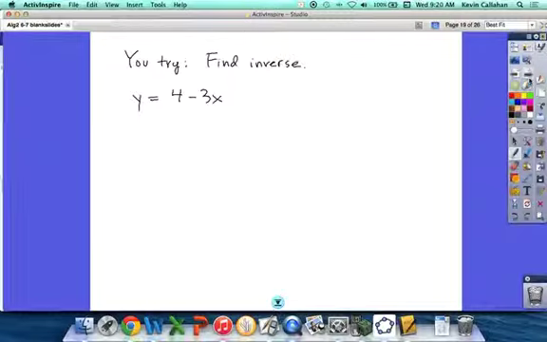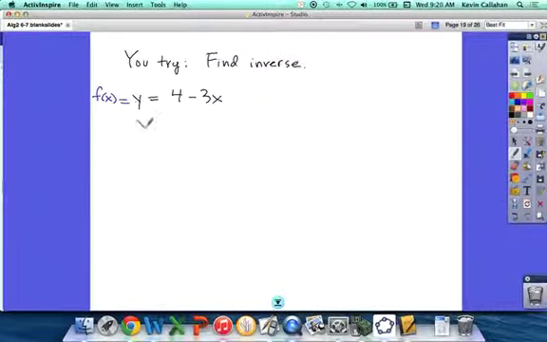Who's got an answer? Sam. X minus 4 over negative 3. Anybody else get that? Okay. So again, this is the f of x, but since it wasn't written with an f of x, it already had the first step done.